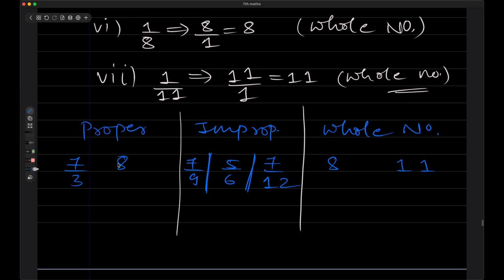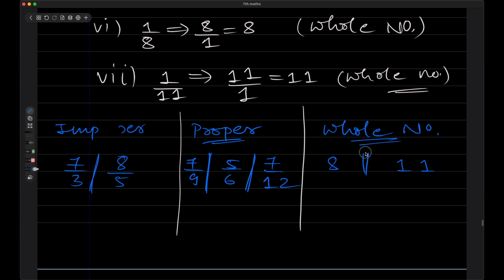So 7 by 3 and 8 by 5 are improper fractions, 7 by 9, 5 by 6 and 7 by 12 are proper fractions, and 8 and 11 are whole numbers.